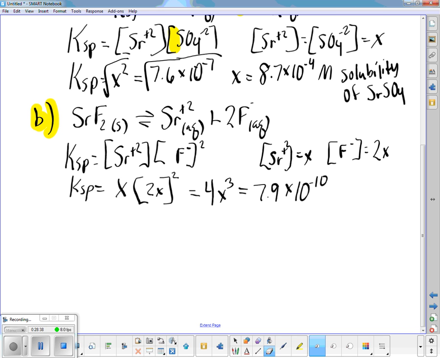Now I've got to solve for X. Because when I'm making a constant, anything that's a coefficient becomes an exponent. So this right here became this.